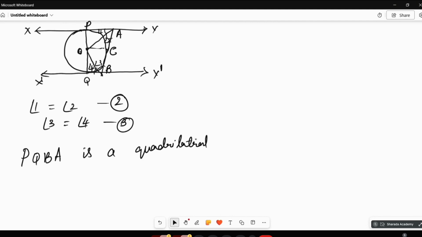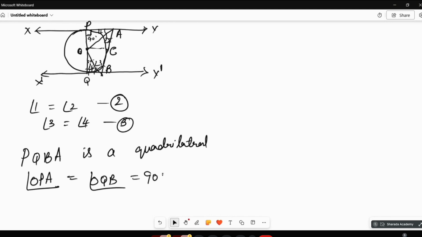Okay. And now we have got PQBA. This is a quadrilateral. In that, angle P, this P is 90 degree and this Q angle is also 90 degree. That is OPA angle, OPA angle is equal to OQB angle, that is equal to 90 degree.